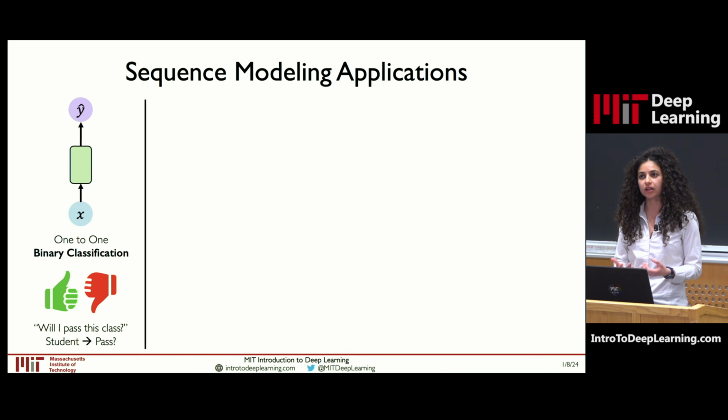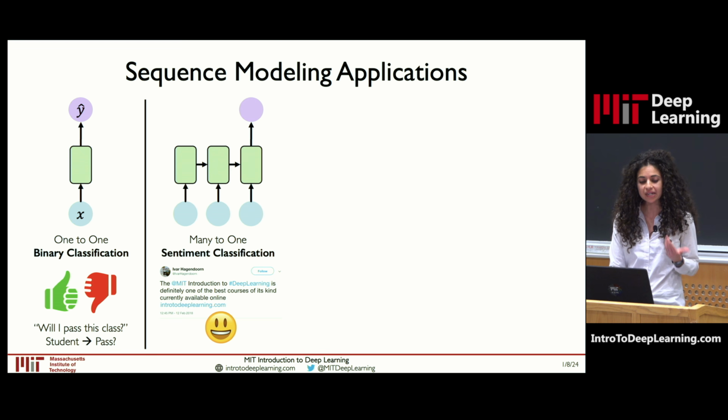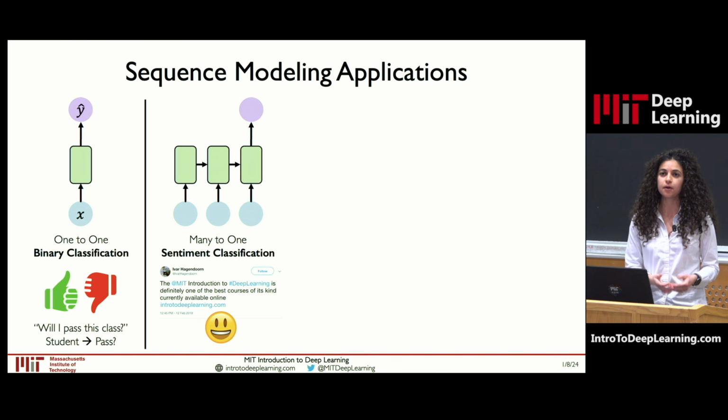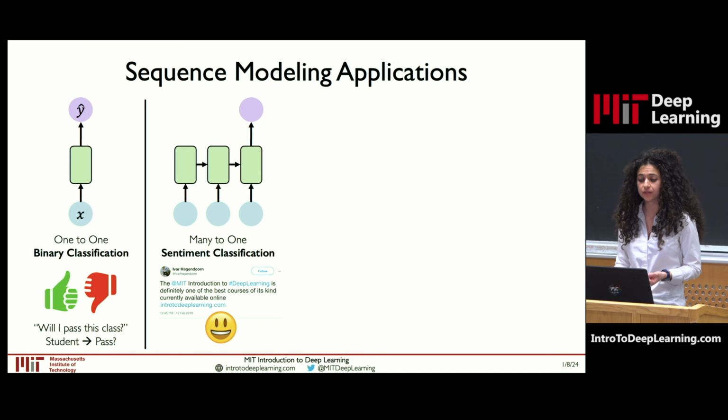With sequence modeling, we can now handle sequences of data, meaning that we can have words in sentences in a large body of text, and we may want to reason about those sequences of words. For example, by taking in a sentence and saying, okay, is this a positive emotion, a positive sentiment associated with that sentence, or is it something different?